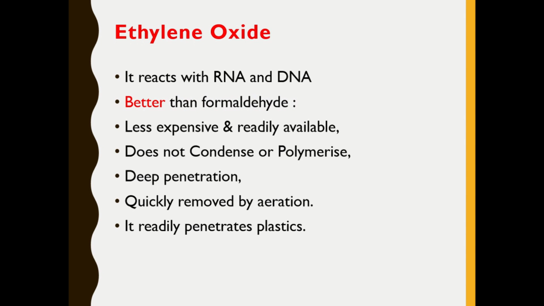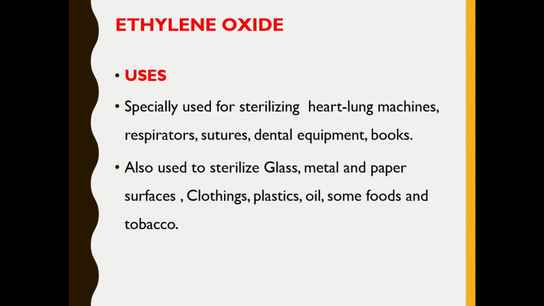Now we'll see the points in which it is better than formaldehyde. The first one is that it is less expensive and readily available. It does not condense or polymerize. It has very deep penetration power. It is quickly removed by aeration. It readily penetrates through plastic also. So these points help make it better than formaldehyde.